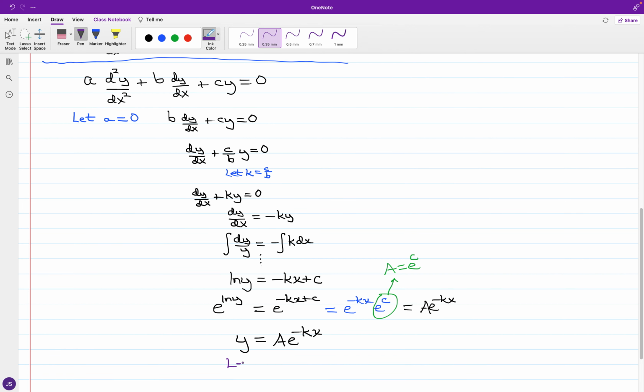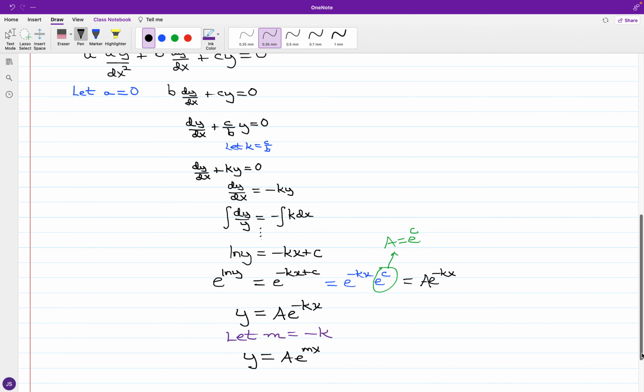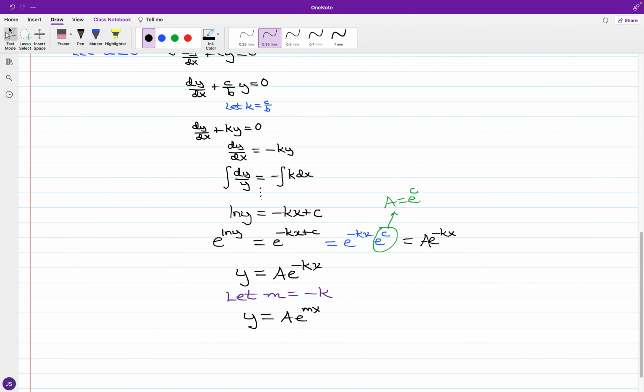If I let, say, the letter m represent negative k, we'll just say we have y is equal to a times e raised to the mx.